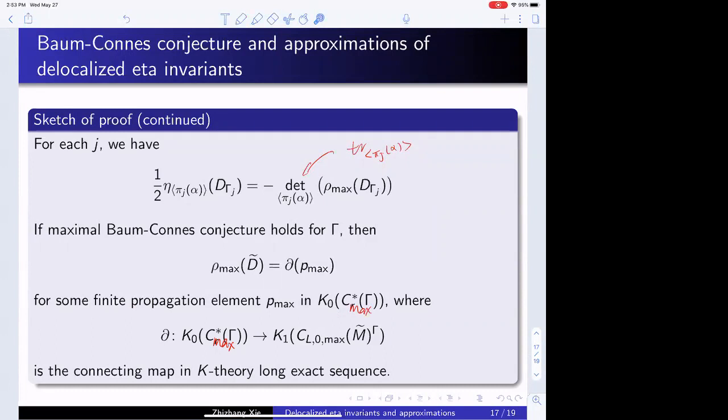So this exact sequence is the six-term long exact sequence of K-theory of these algebras, and this is the usual connecting map, mapping from the index K-theory of the maximal algebra to the K-theory of this algebra here.